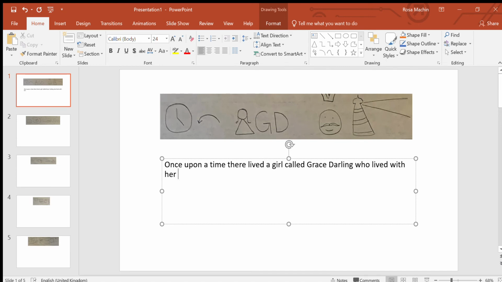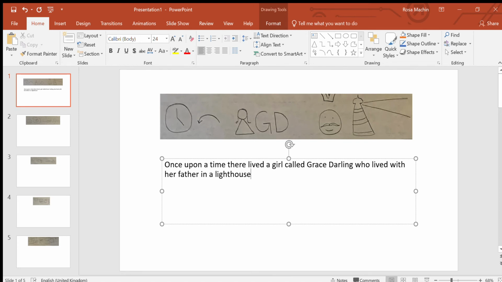Father. This is again another tricky word. In. I, n. A lighthouse. Light. House is a tricky word. Fantastic, so that's our first sentence done.